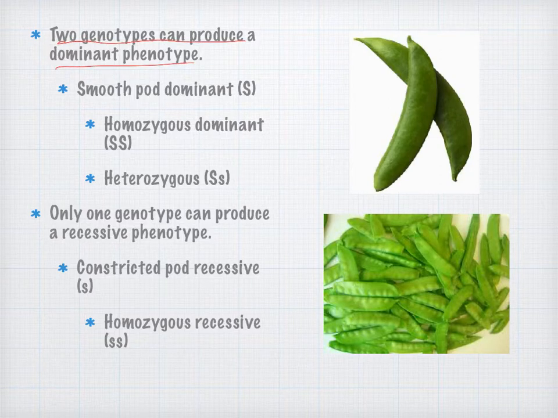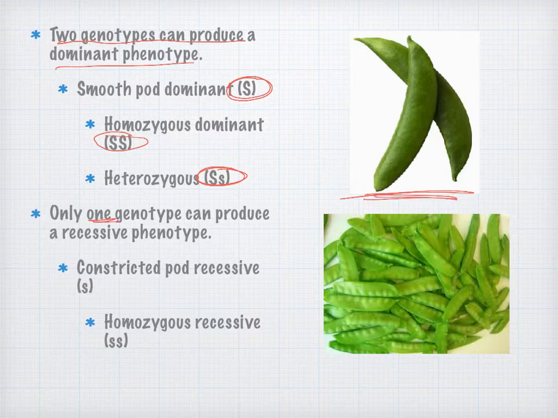Smooth pod shape is dominant in pea plants. So smooth over constricted. So the homozygous dominant, capital S, capital S, would give smooth pods like this. And so would the heterozygous, capital S, lowercase s, would also give us smooth pods.